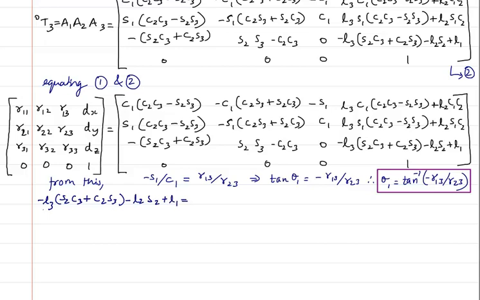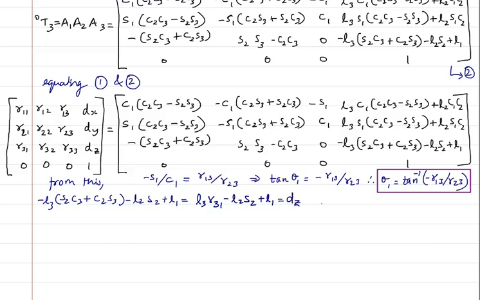This portion is actually present here, so I can write it as L3 R31, minus L2 sine theta 2, plus L1 is equal to, now what is that? That is completely dz.